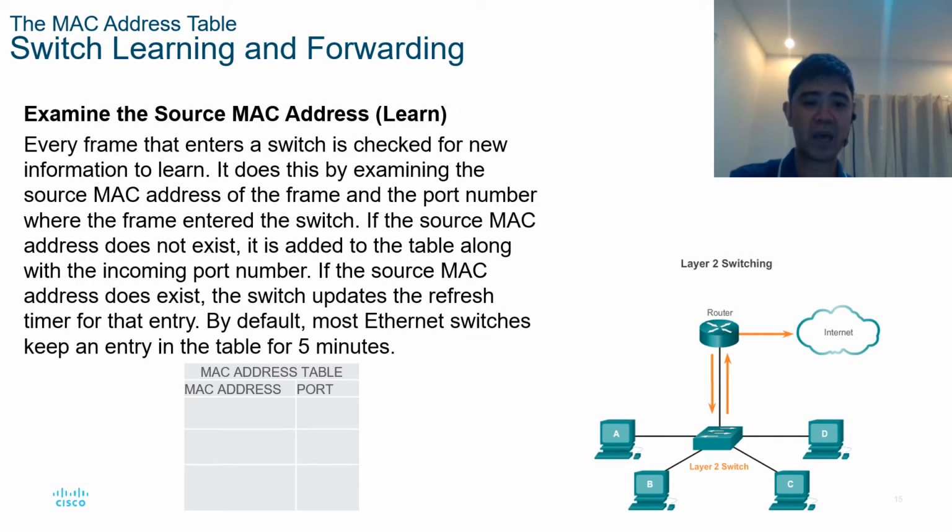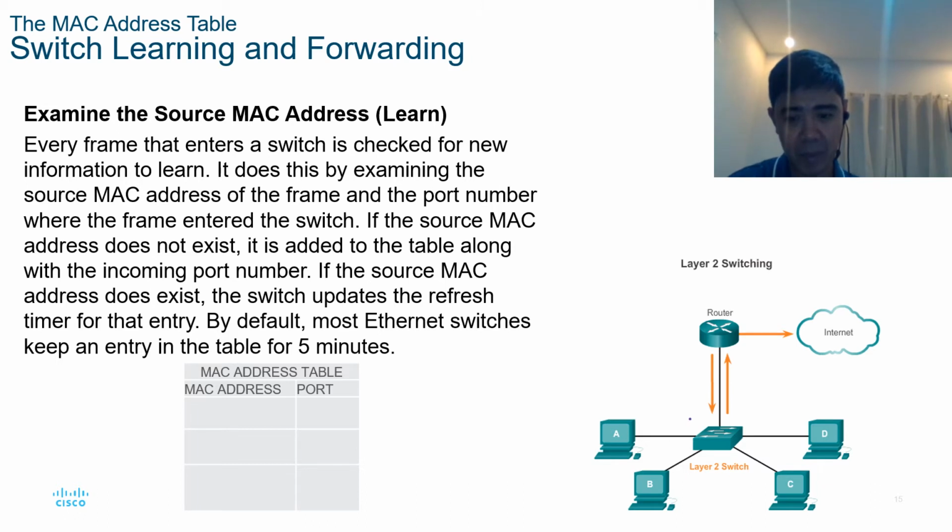Big question is how is this MAC address table built? So this is the discussion of that. When you buy a switch, initially the MAC address table is empty. The switch will build the MAC address table the moment that an end device sends data.